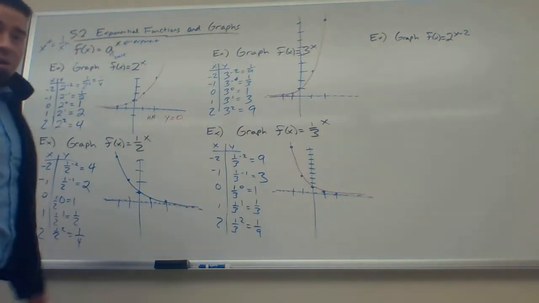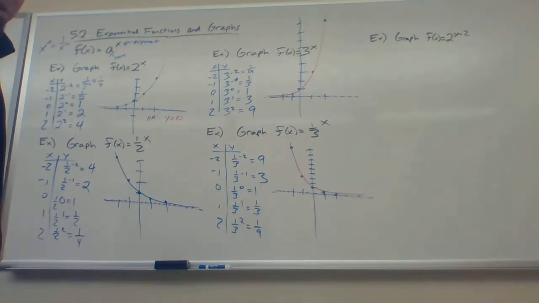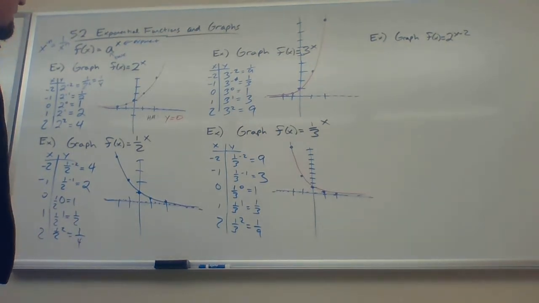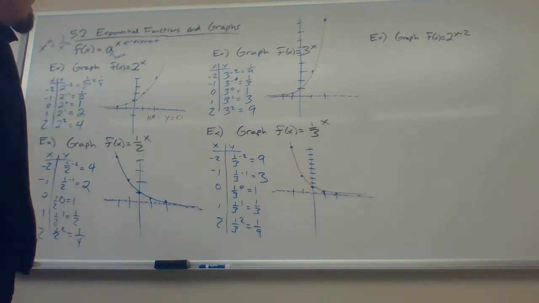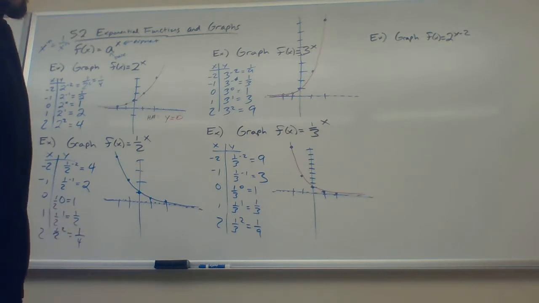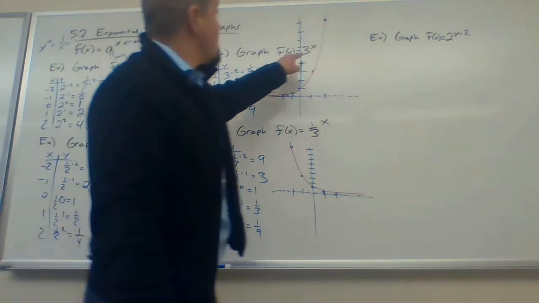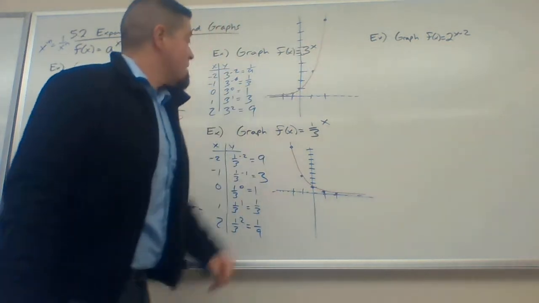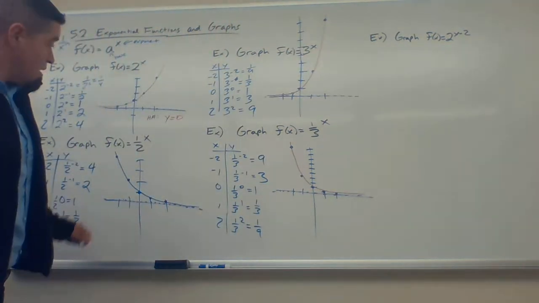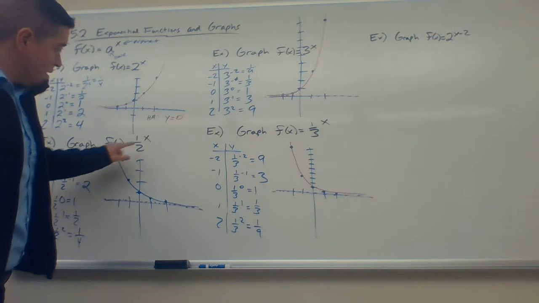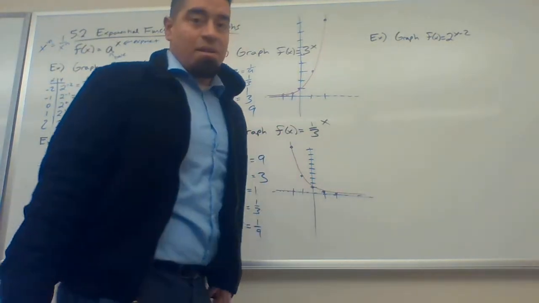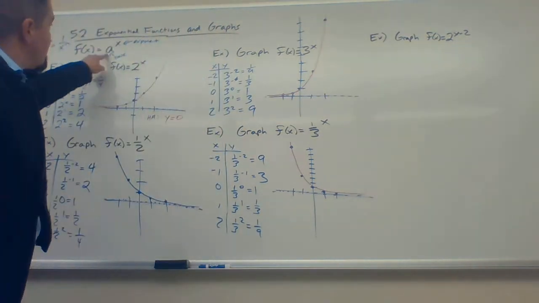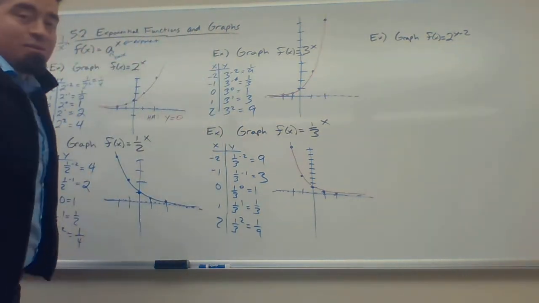Okay, so here are some follow-up questions that we can notice now that we have all 4 of these. What do we notice about the graphs, or what makes the graphs rise or fall, do you think? Well, this is 2 to the x, this is 3 to the x, and both of these are rising, or increasing, we call them. And here the half to the x power is decreasing, and the 1/3 to the x power is decreasing. So what is it about the base that makes it rise or fall?